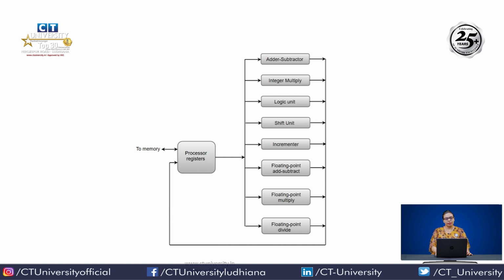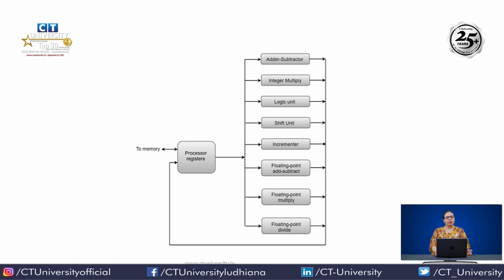Now we have adder subtractor, integer multiplier, logic unit, shift unit, incrementer, floating point add subtract, floating point multiply, floating point divide. For example, consider an example which involves addition, subtraction, multiplication and division. The instruction which involves addition goes to the adder part, and which involves subtraction goes to the subtractor part. And the instruction which needs increment goes to the incrementer.